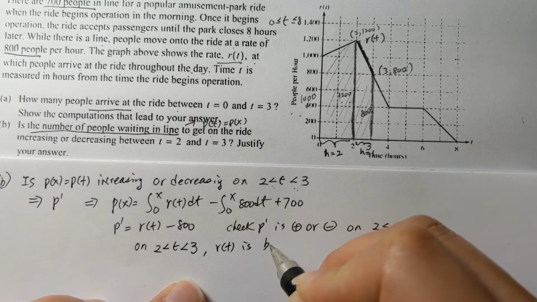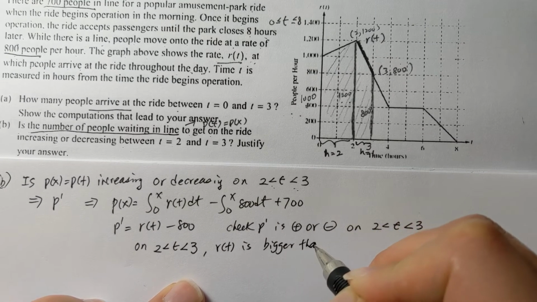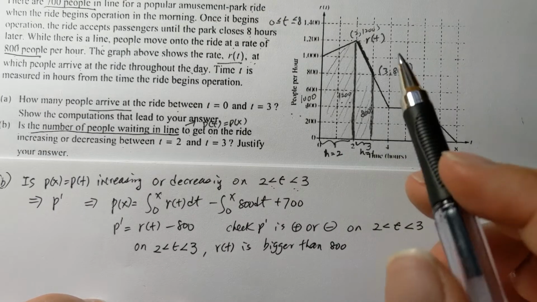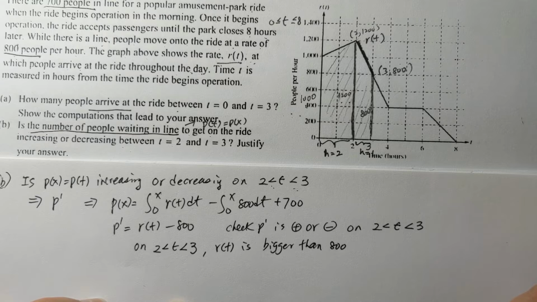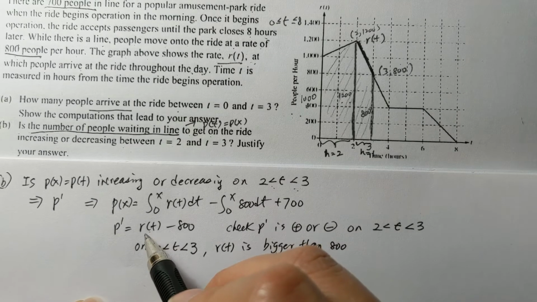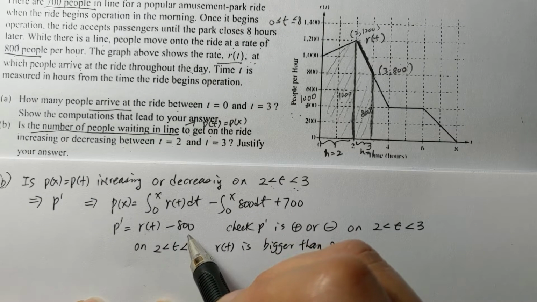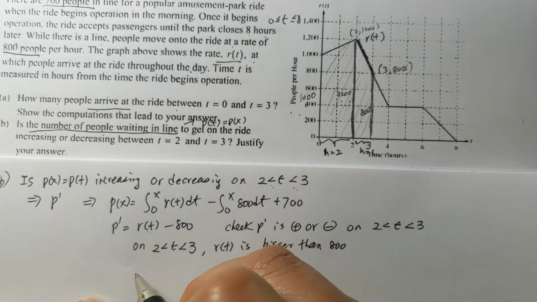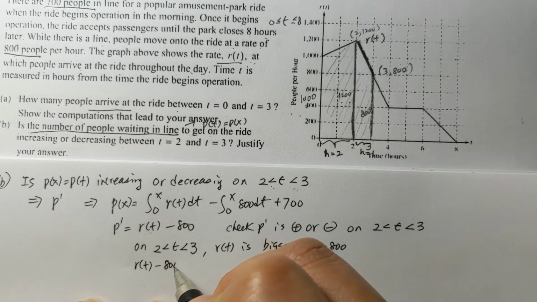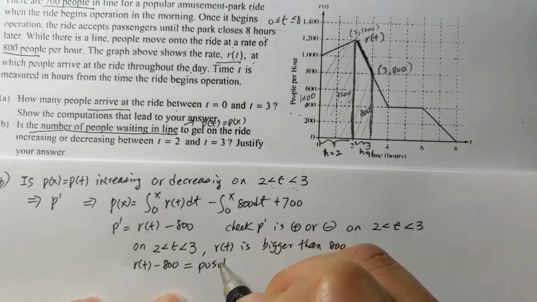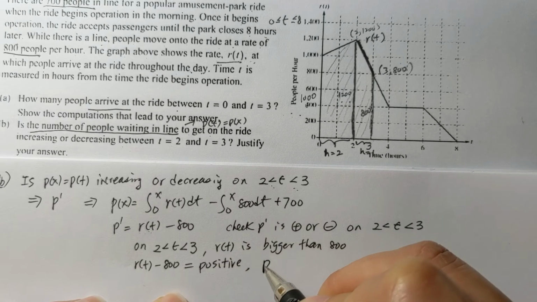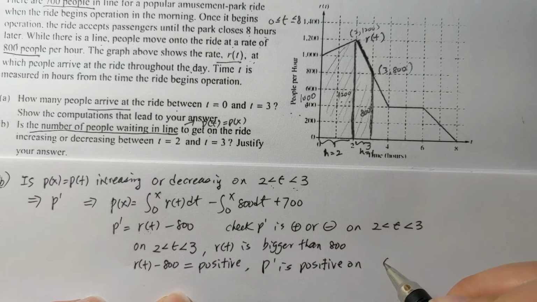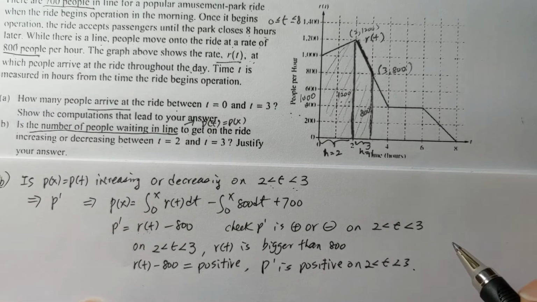R(t) is bigger than 800. At 3 it is 800. Definitely everything else is bigger than 800. So if we have a number that's bigger than 800, for example 801, subtract 800, then the result is positive. So we can say R(t) minus 800 is positive, then P prime is positive on the interval 2 to 3.